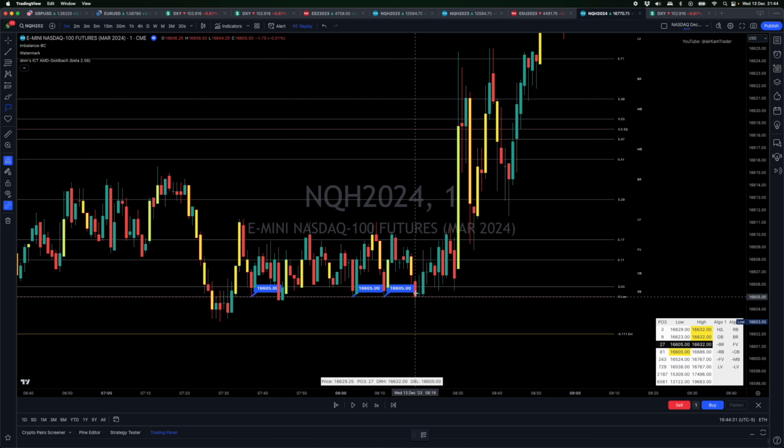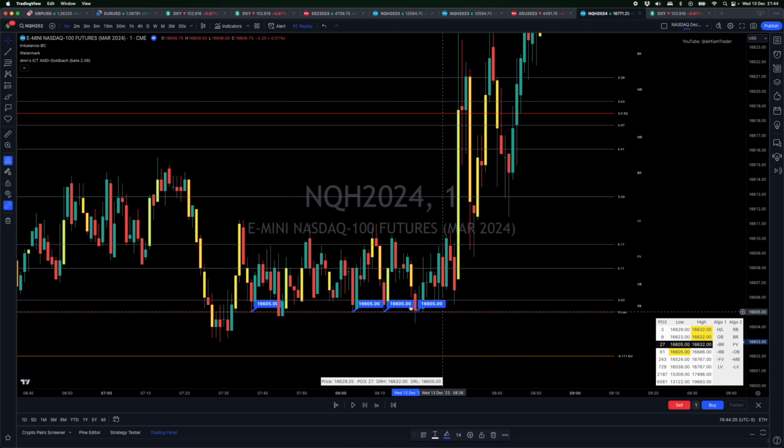Now the body respected it. The body of the candle would not close below the low, and then the final candle rejected. Now this is the price of the low, 166.05. Right? See how sensitive it was? Then wick, body wouldn't close, then we took off.